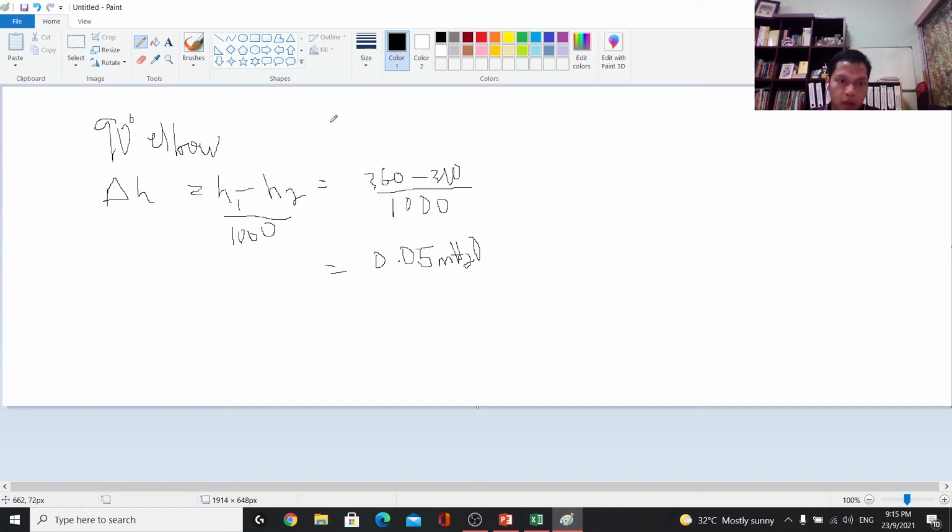So this is my part of the calculation. For the other elbow we use the same, with the data already given. For example, for 45 degree, we take h3 minus h4, which is simple, and also divide by 1000.